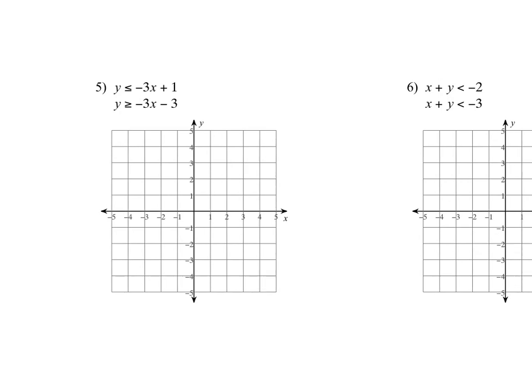All right, so after giving you some time right here, let's look at numbers 5 and 6. Okay? So, looking at number 5, it is already in slope-intercept form. Your slope is negative 3, which we know how that's going to work out. Your b is 1. So, you put your dot at 1, and then you're going to go down 1, 2, 3, over 1, down 1, 2, 3, over 1. Or you could have gone up 1, 2, 3, and then left 1.